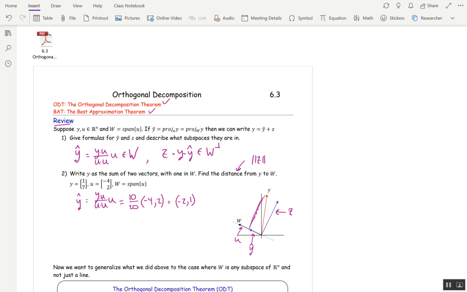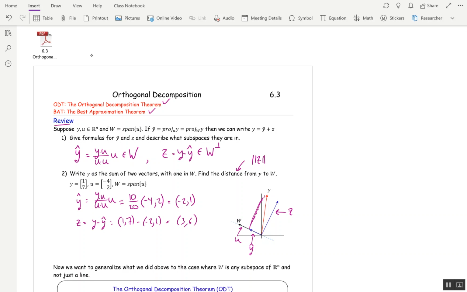So that's our y hat. And now z is the difference, y minus y hat, which is (1, 7) minus (-2, 1), which gives us (3, 6).